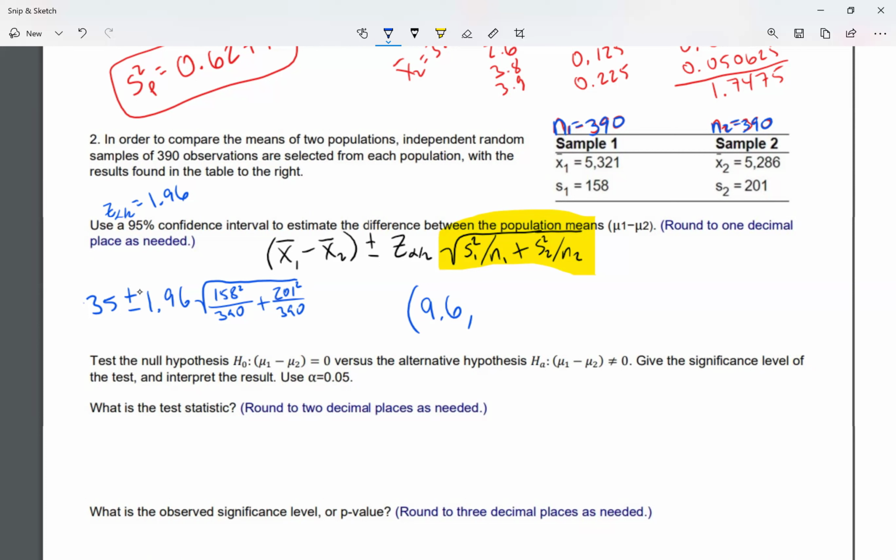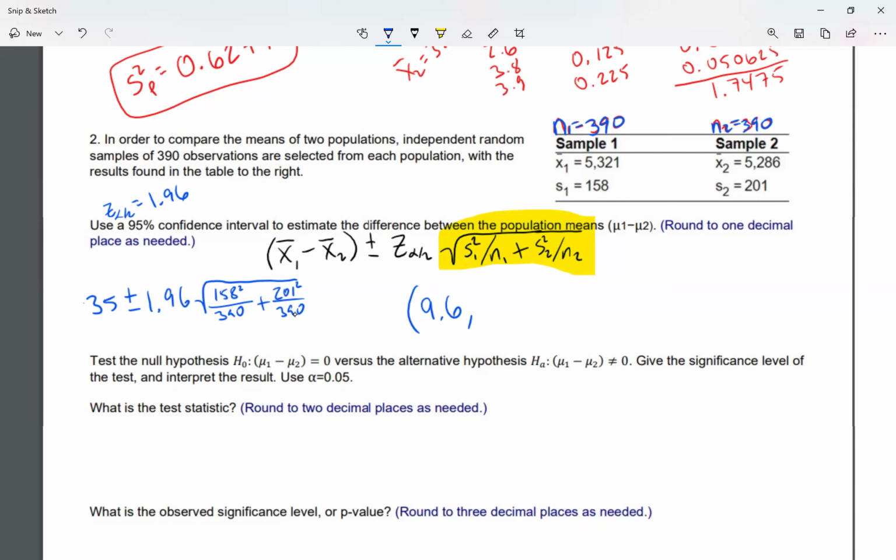Okay, now for the big number, let me use the plus sign. So I'm gonna go 35 plus 1.96 times the square root of 158 squared divided by 390 plus 201 squared divided by 390. I typed the whole thing on my calculator.